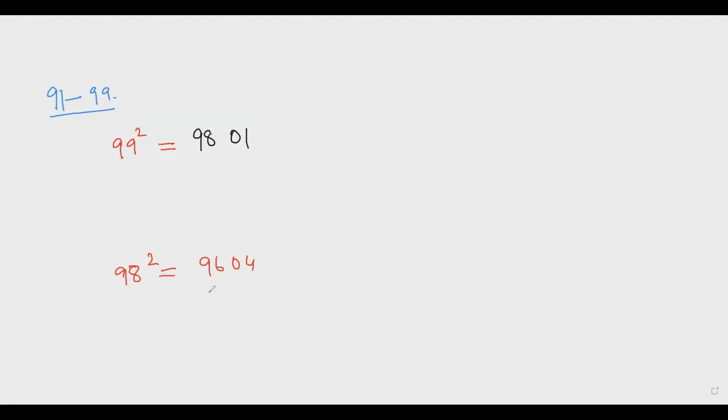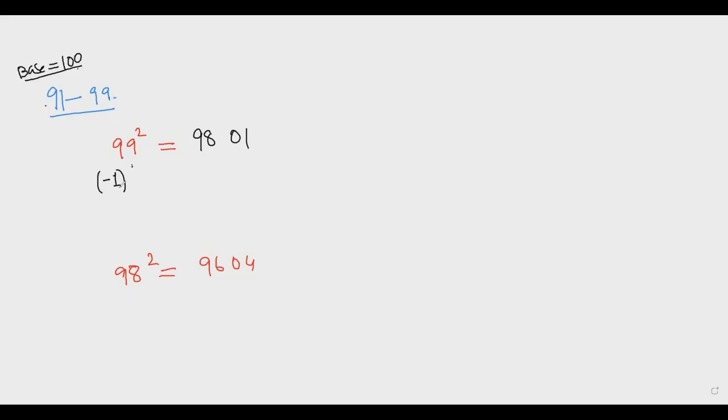9801. Okay. See, the numbers 91 to 99 are numbers near 100. So we say that the base is 100. Now compare. Number 99 compared to 100: 99 is 1 less than 100, so we will write minus 1. Is that okay?